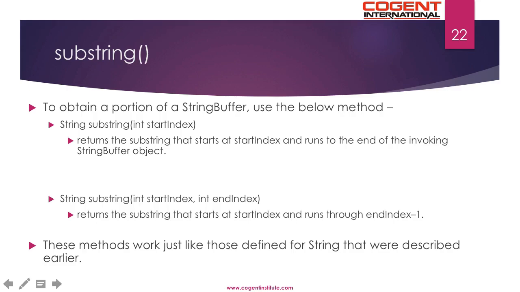And its overloaded form, which takes in two params, startIndex and endIndex of type int, and returns a String. So this returns the substring that starts at the startIndex and runs through endIndex minus 1. These methods work just like those defined for the String class that were described earlier in the String class module.